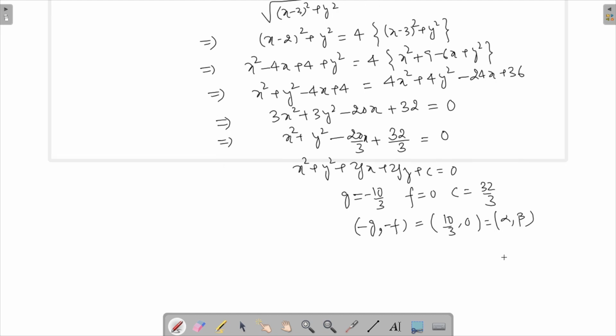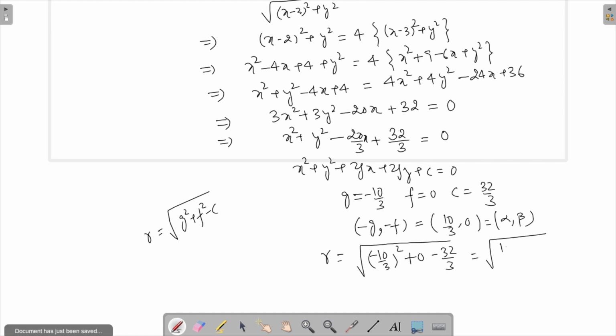Now my radius would be the square root of this, so this will be (minus 10 by 3) whole squared, and then plus, so what is the radius formula? It is g square plus f square minus c. So plus 0 and minus c will be minus 32 by 3. Then what can I say over here?